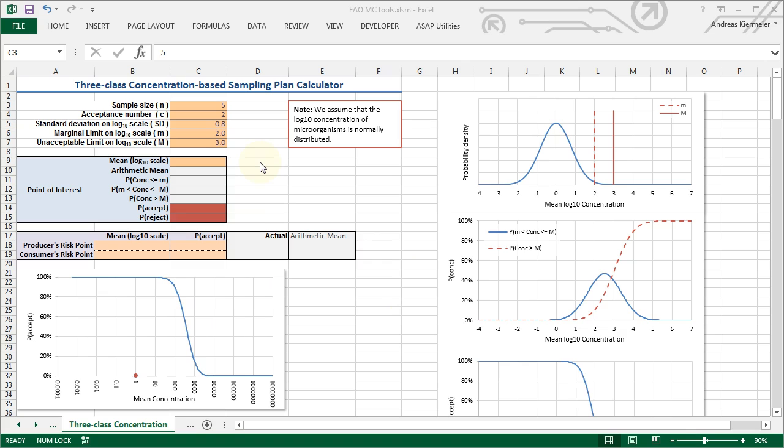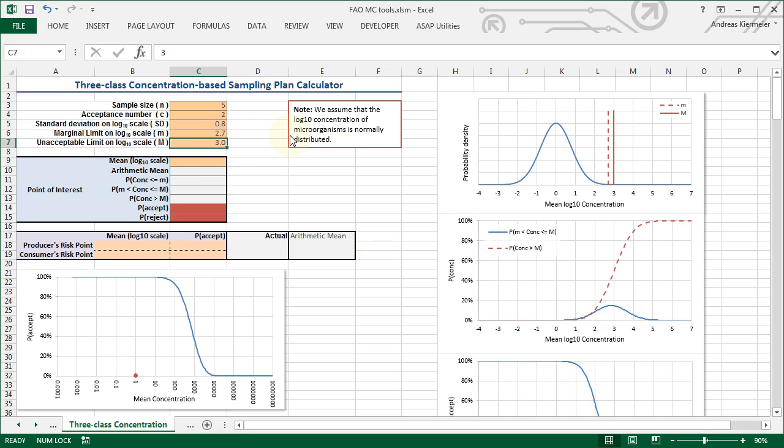Now, to demonstrate this calculator, consider the microbiological criterion for aerobic plate counts for powdered infant formula, which has n equals 5, c equals 2, a little m of 500 on the arithmetic scale, which on the log scale we can find by typing log 500, and an unacceptable limit of big M, which is on the arithmetic scale 5000 and on the log scale is log 5000.